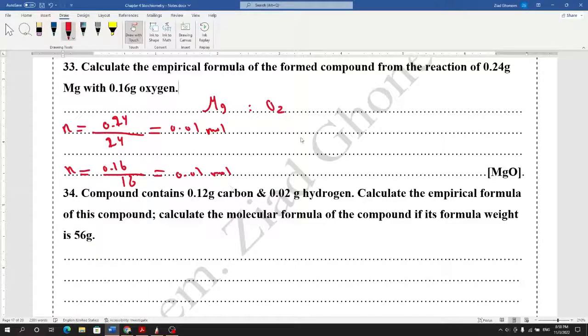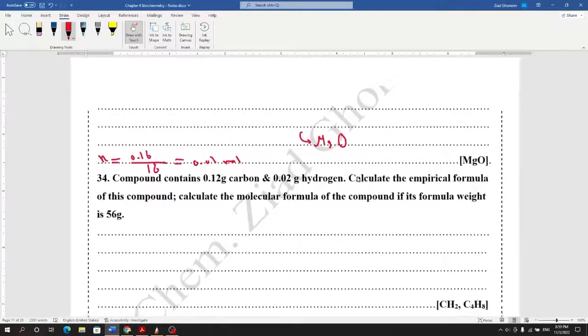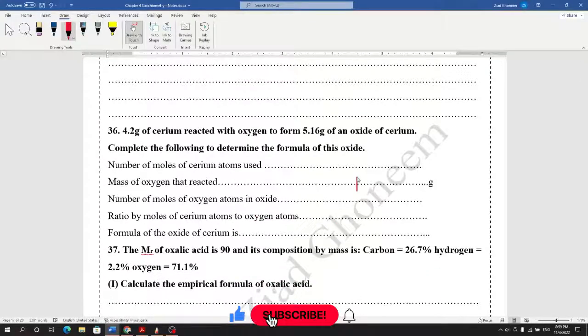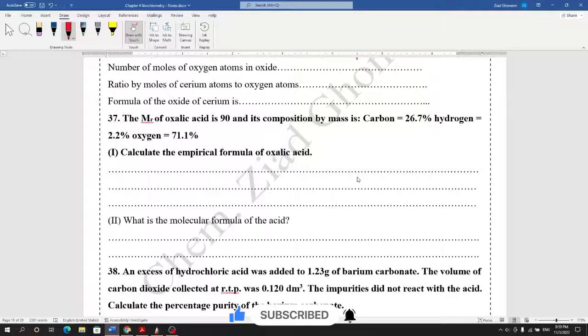Right? Now, as we can notice, these two are the same number of moles. If we divide each of them by the same number, 0.01, we'll get a ratio of 1:1, meaning that the empirical formula for the compound is MgO, because the number of moles is the same. 34, 35, and 36 are the exact same idea, right?